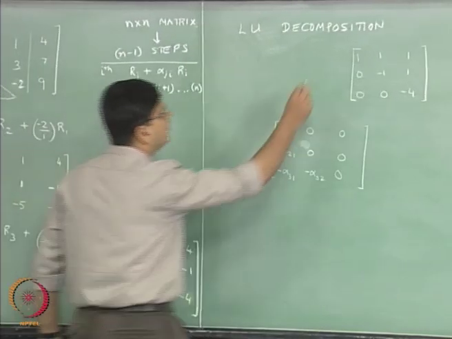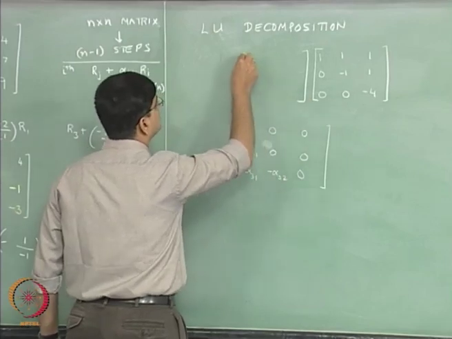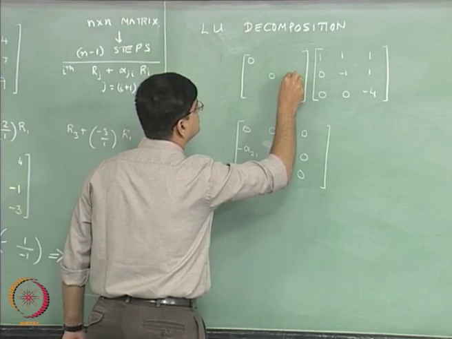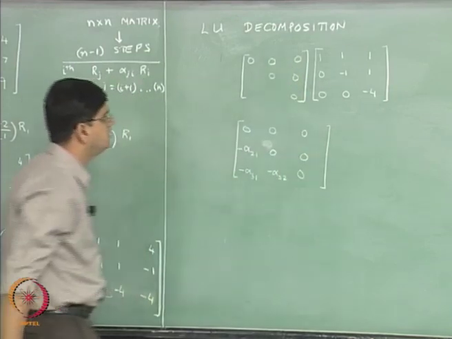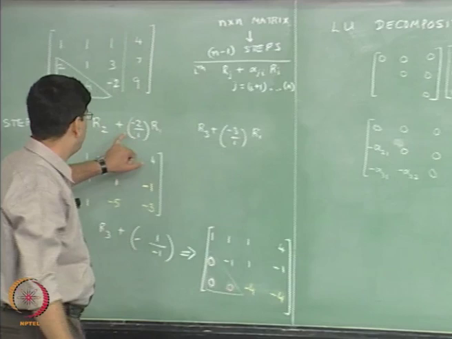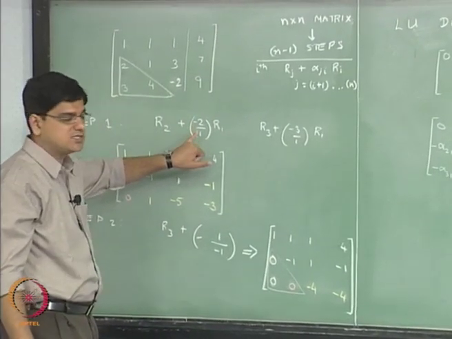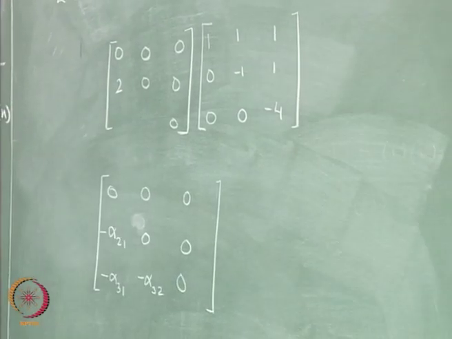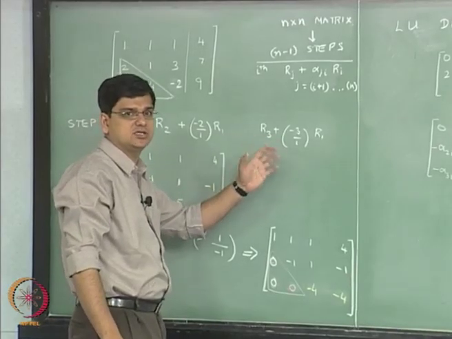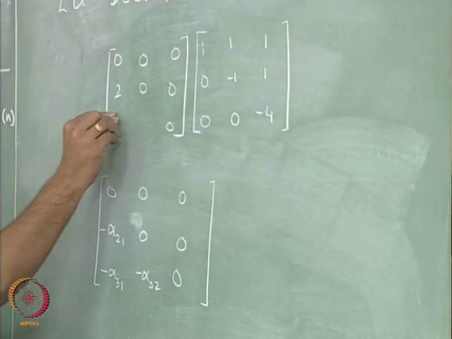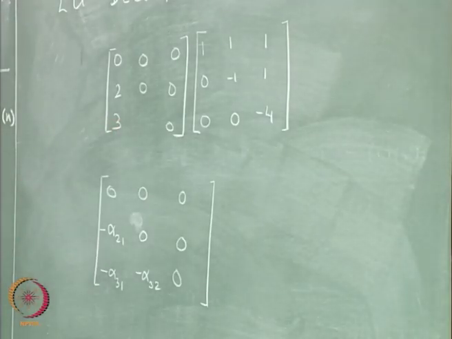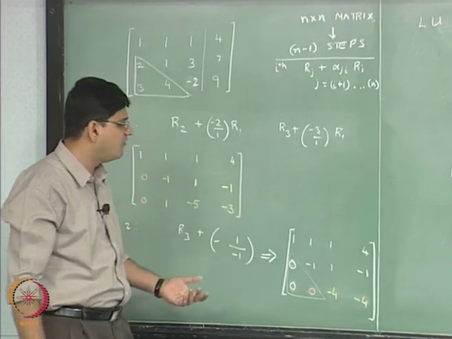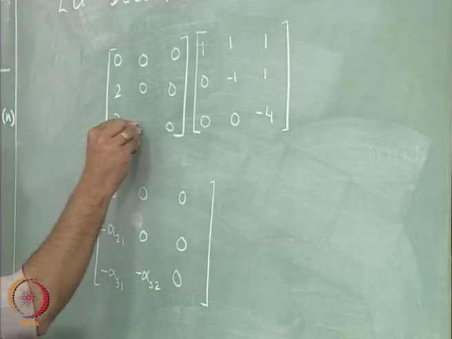Alpha 2 1 was minus 2, so negative of alpha 2 1 is plus 2, alpha 3 1 was minus 3, so negative of alpha 3 1 is plus 3, and alpha 3 2 was 1, so negative of 1 is what we write over here.